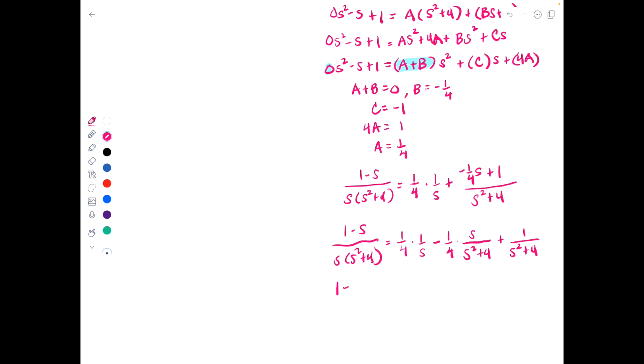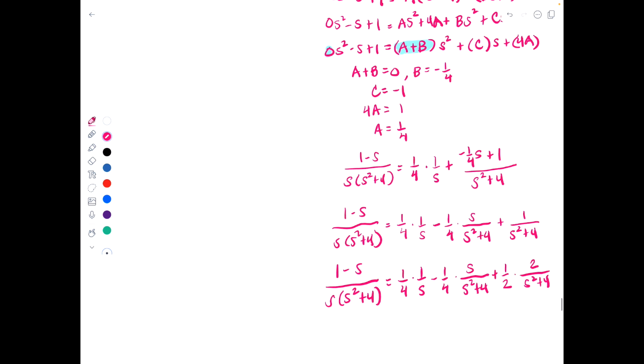And now finally, to make this work with our inverse transforms, these will be the same. And then over here, we're going to write plus 1/2 times 2 over S squared plus 4 to make that cosine result.